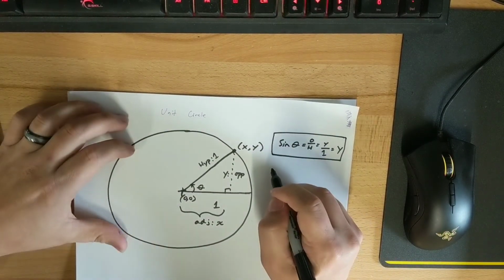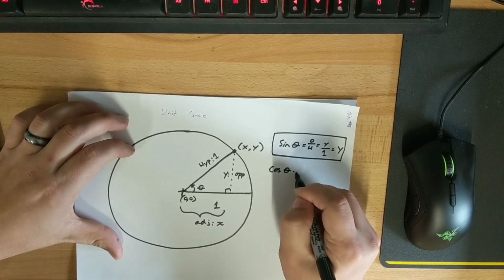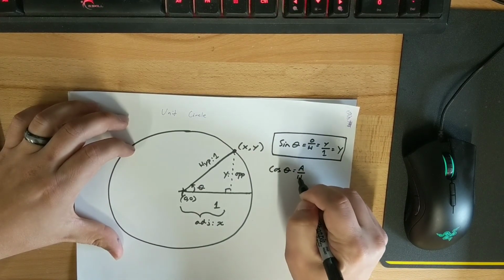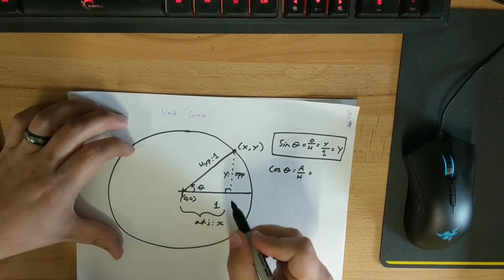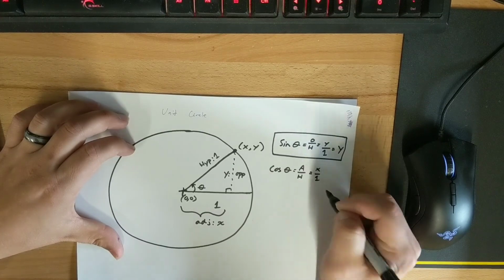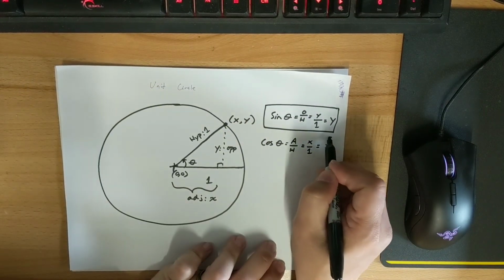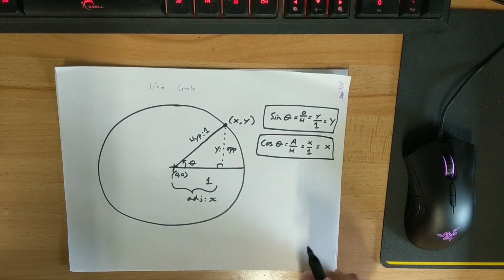And likewise, I can do the same thing with cosine. The cosine of that angle is the adjacent over the hypotenuse, which is the x coordinate over 1, which is just the x coordinate of that point.